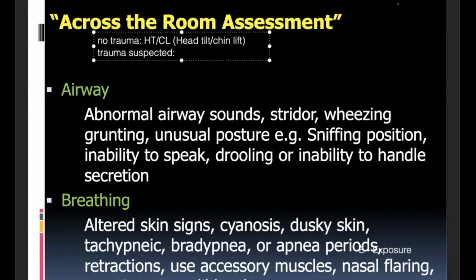In immobilizing the cervical part of our client, what we are going to use is your jaw thrust maneuver. So that's how we are going to manage the airway part of our client.